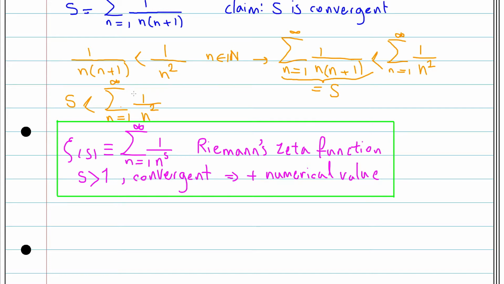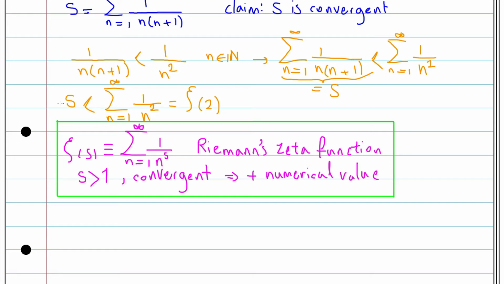So the right-hand side here is nothing but zeta of 2. We conclude that S is bounded from above by a positive real number and therefore S is convergent.